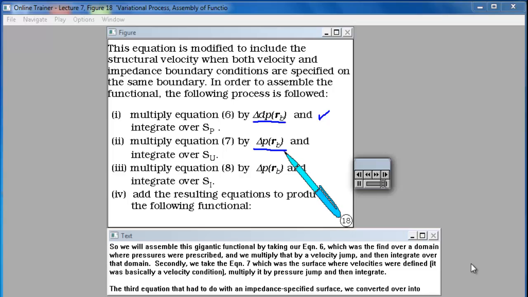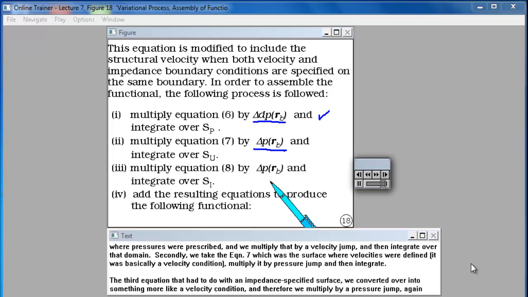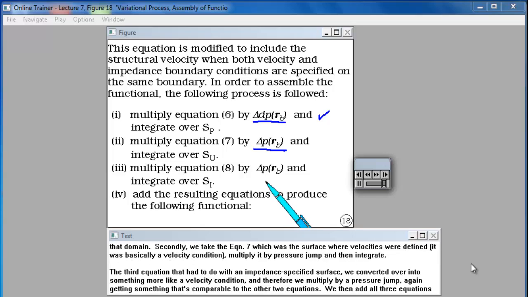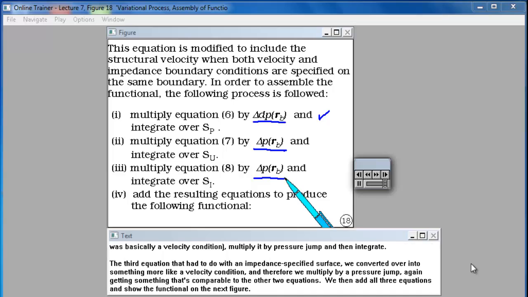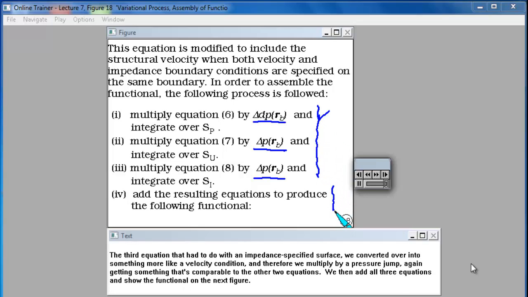The third equation that had to do with an impedance specified surface, we converted over into something more like a velocity condition, and therefore we multiply by a pressure jump, again getting something that's comparable to the other two equations. We then add all three equations and show the functional on the next figure.